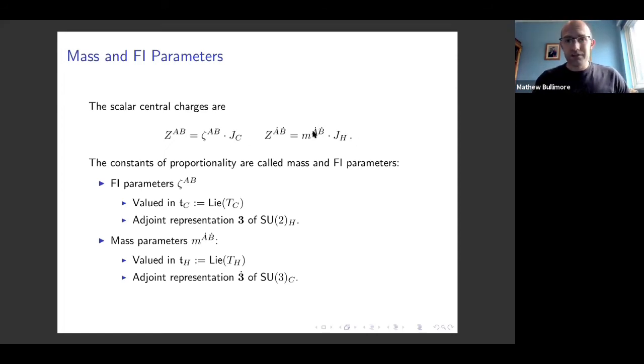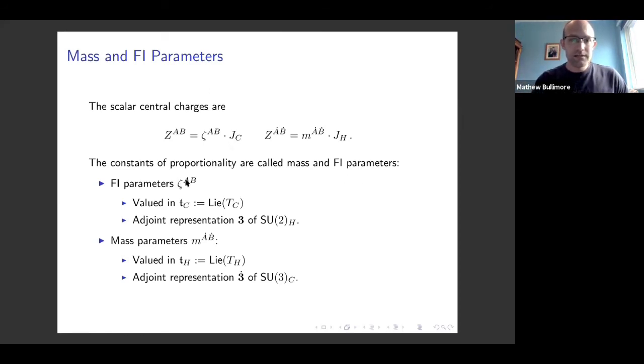And then the constants of proportionality that relate them, these are what we call FI parameters and mass parameters. Those describe historically how they arose and how they appear in the Lagrangian of the theory.